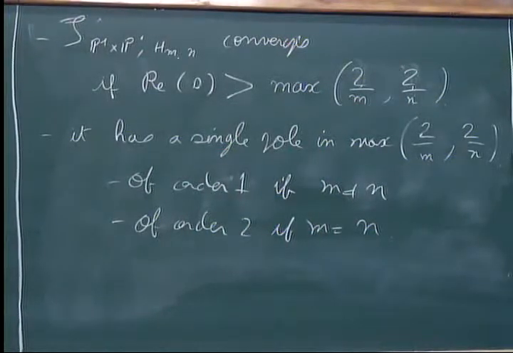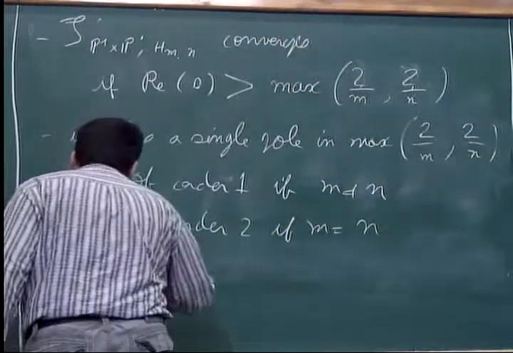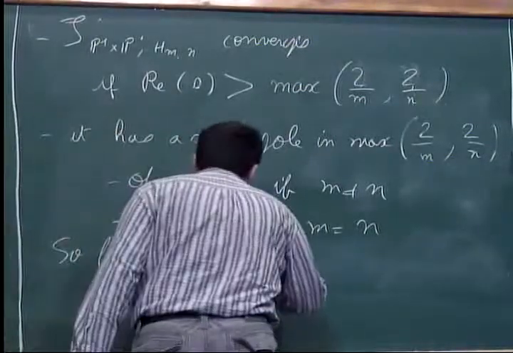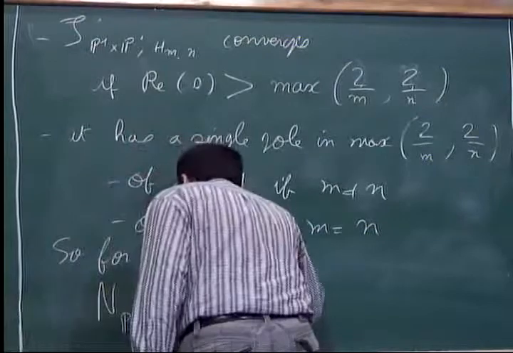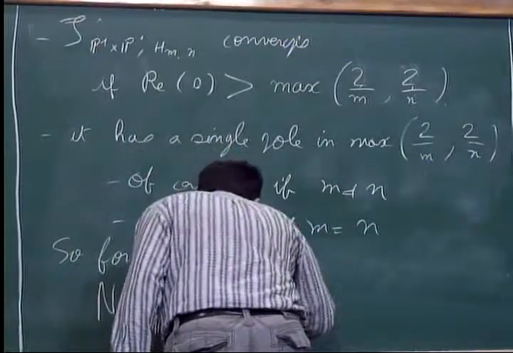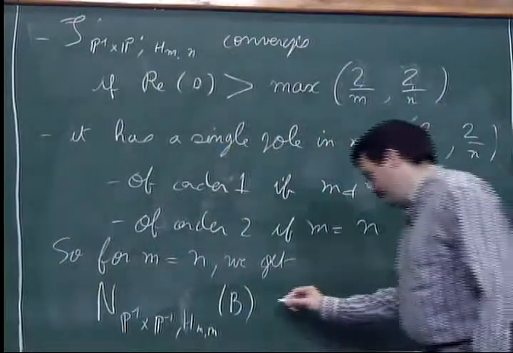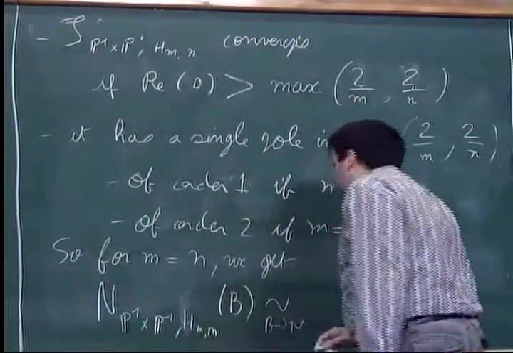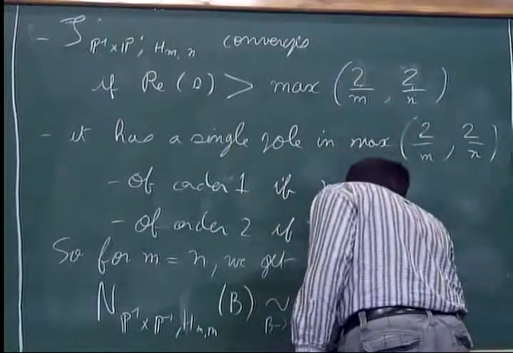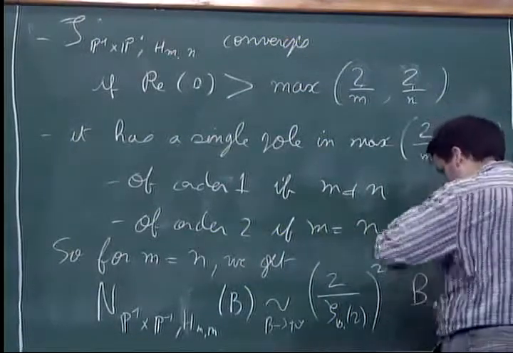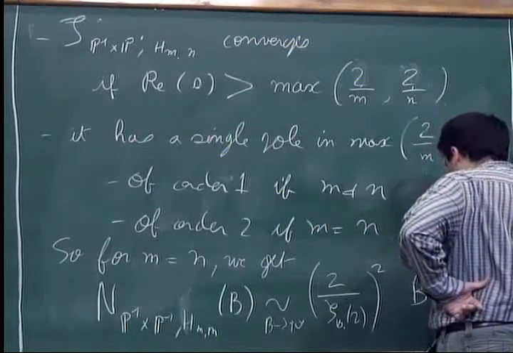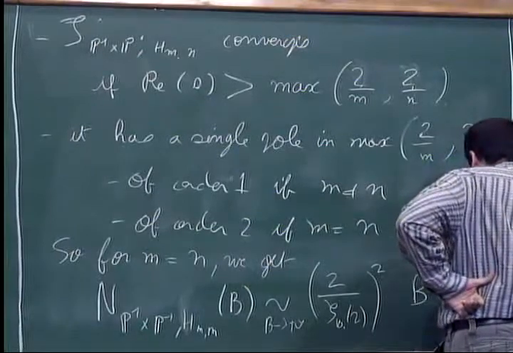So we get already, using Tauberian techniques as I explained yesterday, that in fact, for m equal to n, the number of points in Pn cross Pn of height for hmm of b, of height less than b, is equivalent, as b goes to infinity, to some constant which is in fact 2 over zeta q of 2 squared times b at the power, well, it will be 2 over m, times the logarithm of b at the power 2 over m.